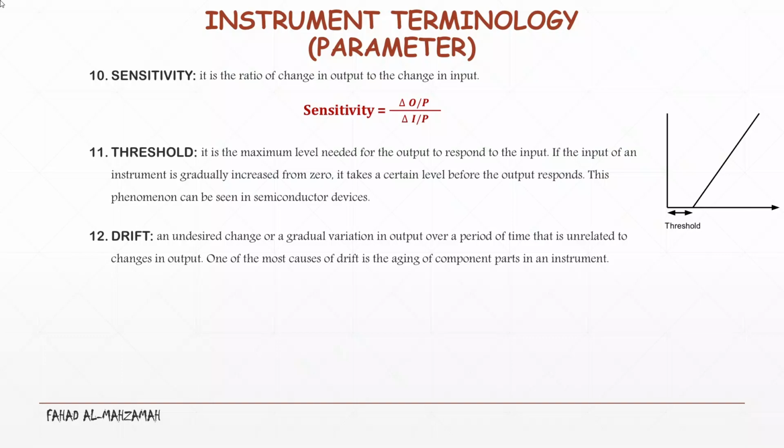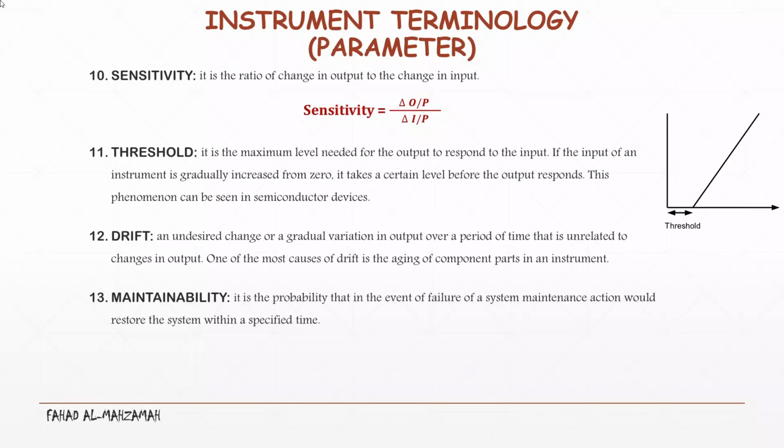The input doesn't change. This happens in devices for the reason of aging of instruments. So if the instrument has gone a long time without any maintenance or repair, it might have some drift error. If you apply the same input for a long time, sometimes if the device has a drift error, the reading will change slightly.